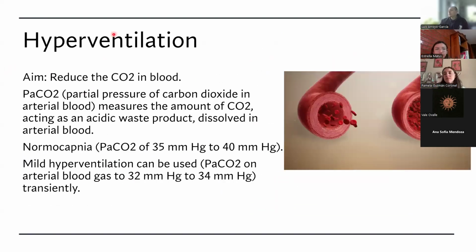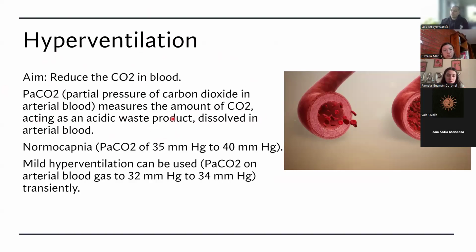But anyway, for the hyperventilation, what we need to do is reduce the CO2 in the blood. For that, we need to remember what's happening with the CO2. The CO2 is what we are producing after the mitochondria generate ATP, and this is an acid waste product dissolved in arterial blood.